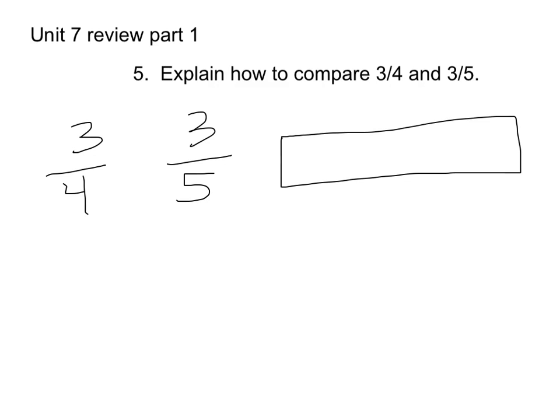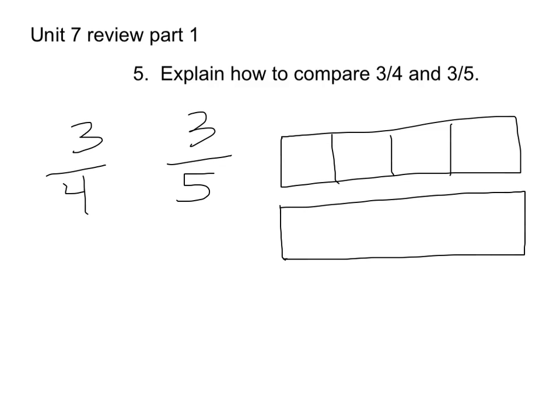And when we talk about fourths versus fifths, and I'm going to have to eyeball this because my fifths are not going to come out quite as neat as my fourths. It's a little hard to see, but what I notice is that fifths are slightly smaller pieces.